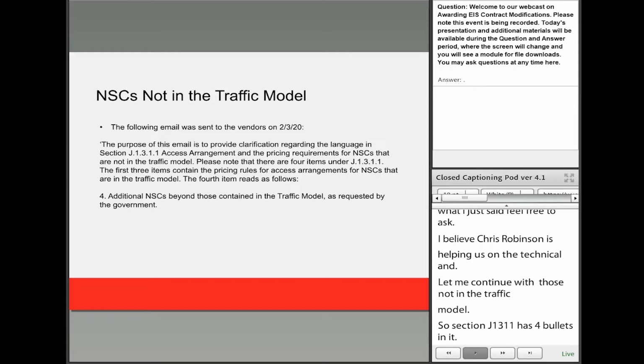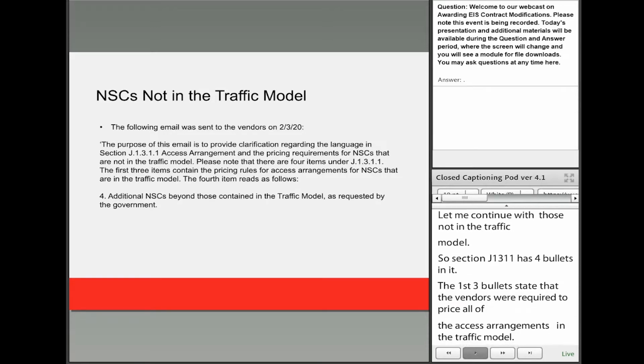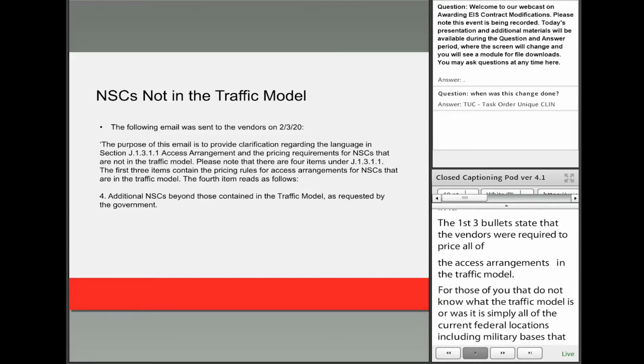Now, for those of you that don't know what the traffic model is or was, it is simply all the current federal locations, including military bases, that under networks, WITS, or LSAs currently have an access arrangement to it. So we wanted prices for all of those existing access arrangements.